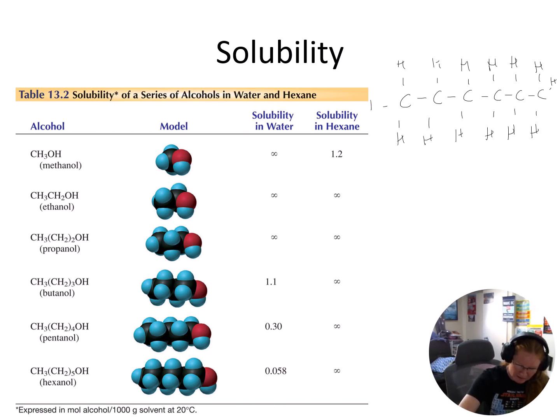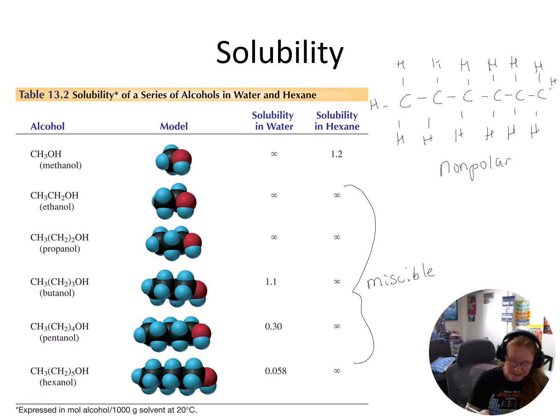All right, so hexane is a straight chain hydrocarbon. It is nonpolar. And so when I look here, methanol is the smallest alcohol. It is infinitely soluble in water. Now, the infinitely soluble, this is miscible. Okay, when two things are infinitely soluble in each other, they're miscible.